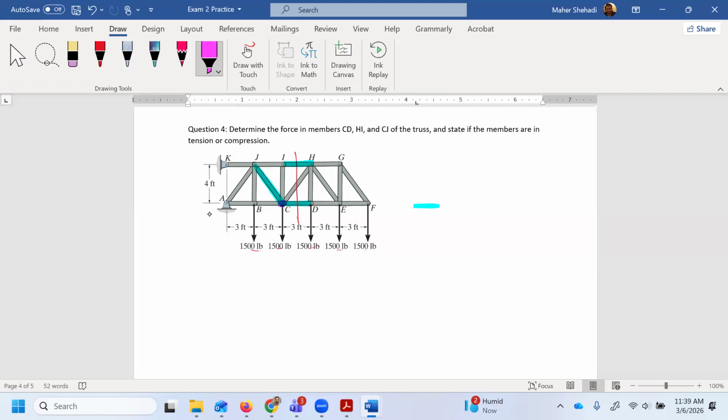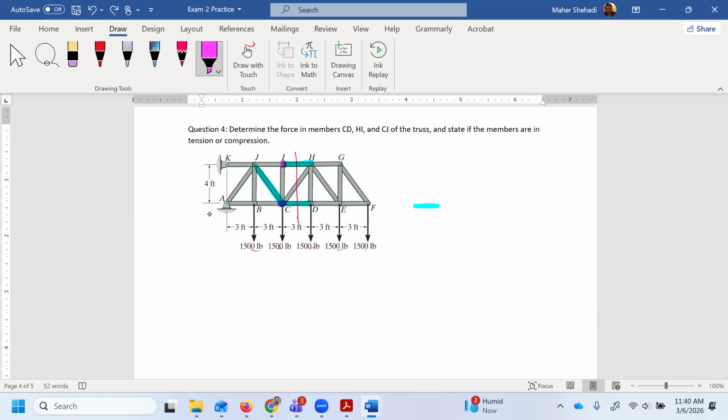Or I can move from here to here, like solve joint I. Since I already got HI from the section, I can solve for IJ, and then solve for this. At this point, well, we can't, I believe. Yeah, I can't take J because I need 1, 2, 3, 4. I have four unknowns in that case. So we can't do that.